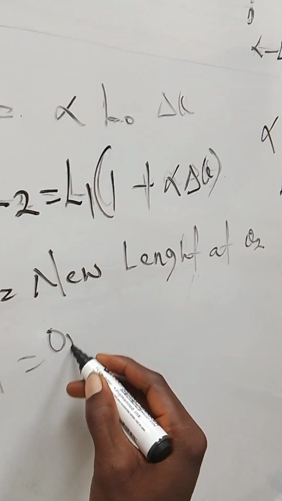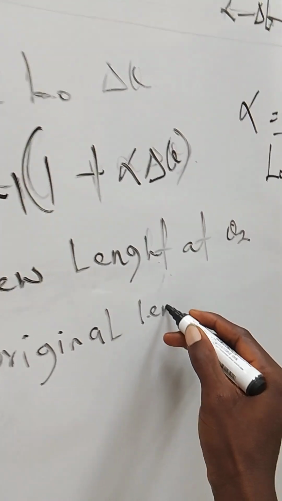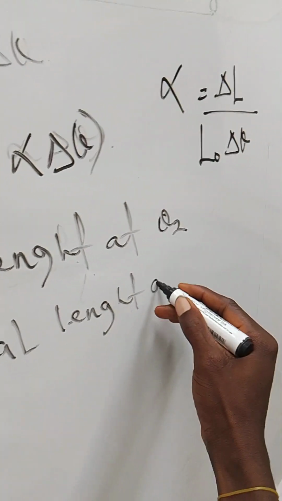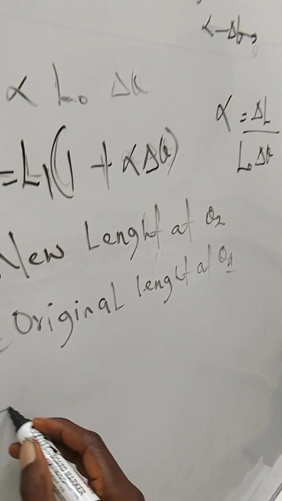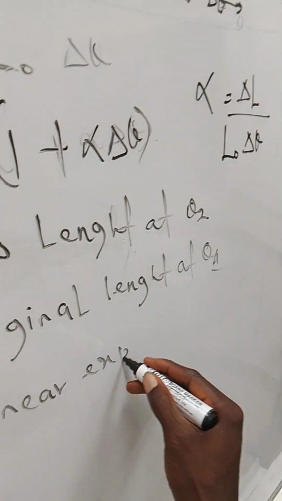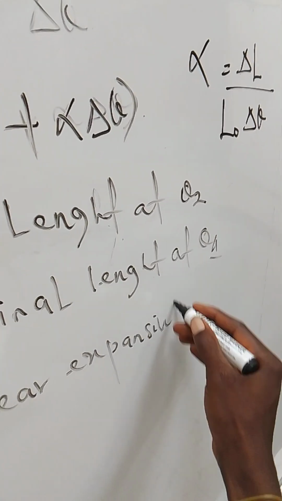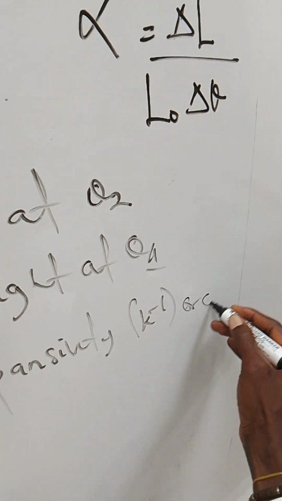L1 is the original length at initial temperature theta 1, and alpha is the linear expansivity in per Kelvin or per Celsius.